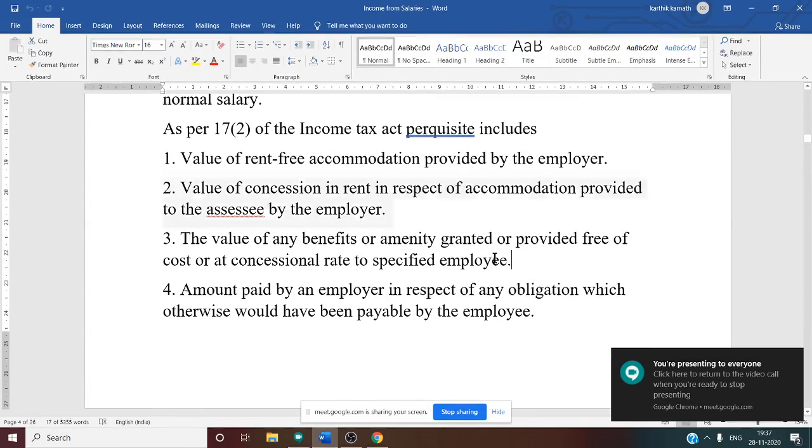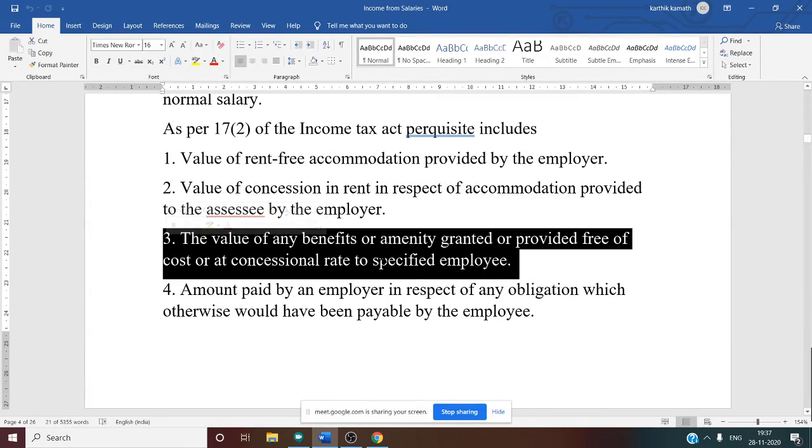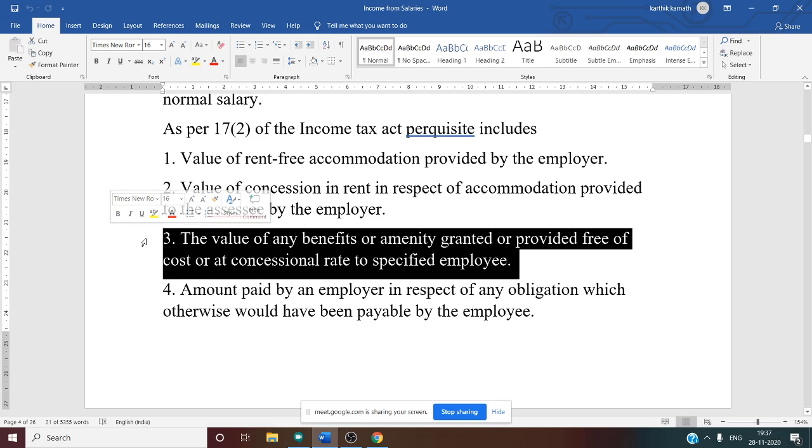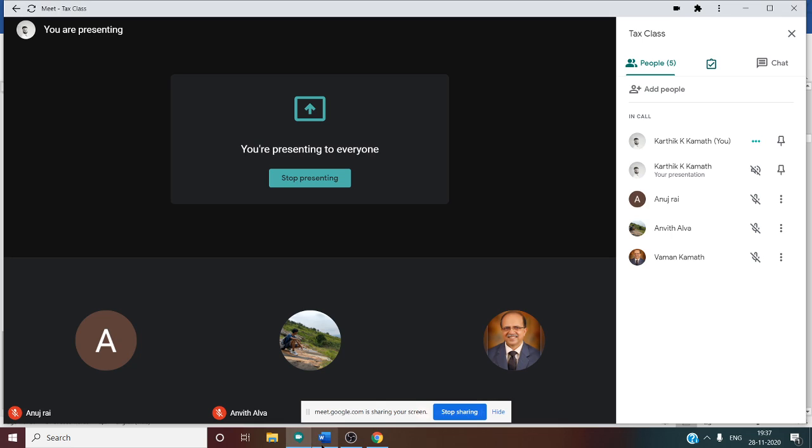Third one, the value of any benefit or amenity granted or provided free of cost or at a concessional rate to the specified employee. Specified employees are certain employees mentioned under the Income Tax Act. Usually for a government employee, if any additional benefit is given, it becomes a perquisite. Suppose a car is given to a government servant, it is one kind of perquisite.